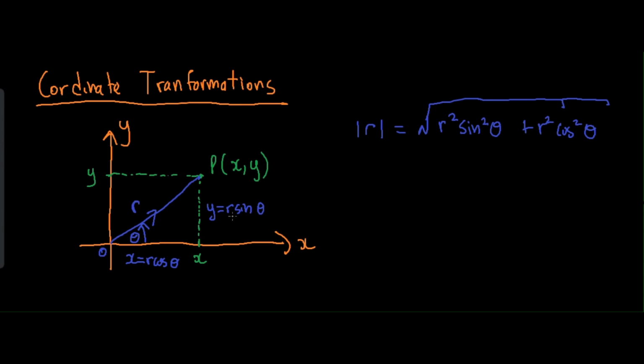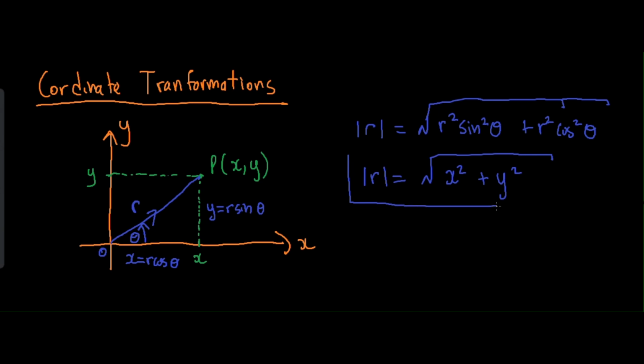And well, if we just look at over here, we could deduce that the magnitude is just the square root of x squared plus y squared. This comes from the Pythagorean theorem. I mean, I didn't need to do this, but why not?